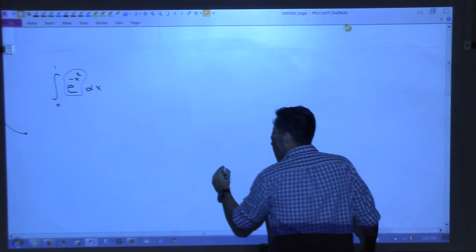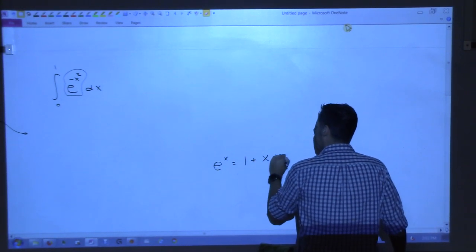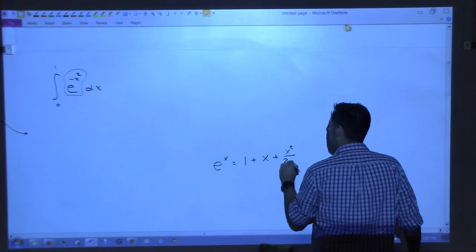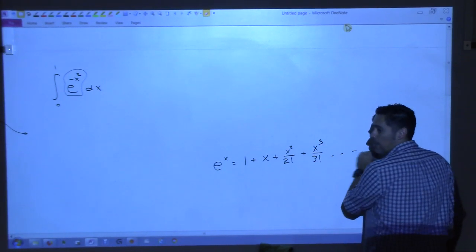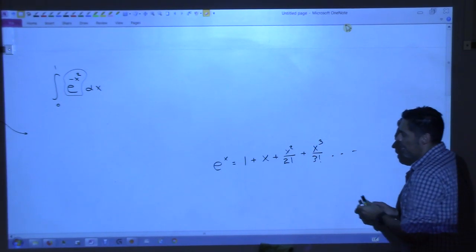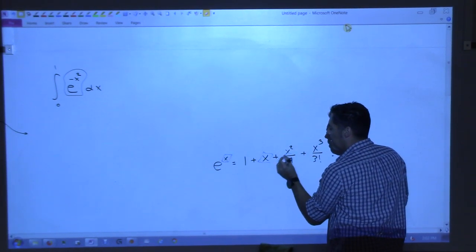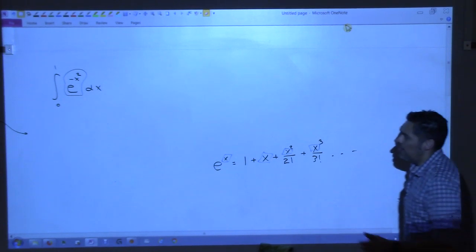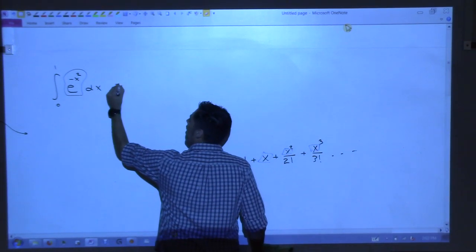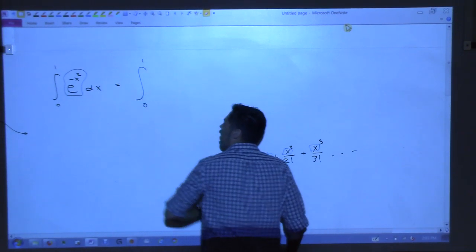So remember, e to the x is 1 plus x plus x squared over 2 factorial, plus x cubed over 3 factorial, and so on. Here, x is whatever's in the exponent. That's what goes here, right? So this integration is the same as trying to integrate from 0 to 1 of what?